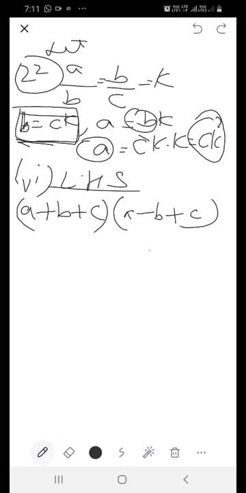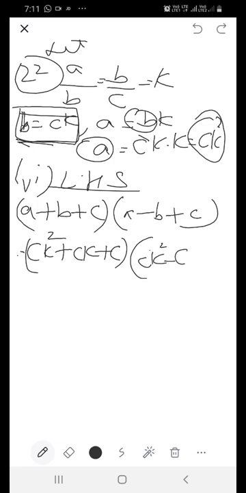So as I told you, instead of A, I will write CK square. For B, I will write CK plus C. In the same way, in the other trinomial also, CK square minus CK plus C. Now you can take C common, K square plus K plus 1.